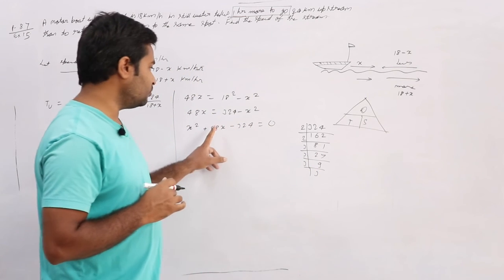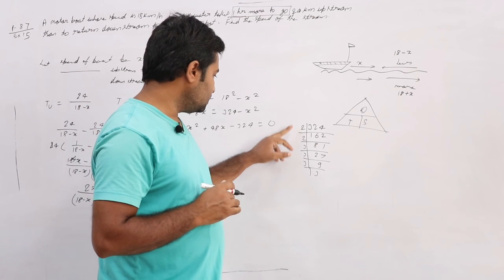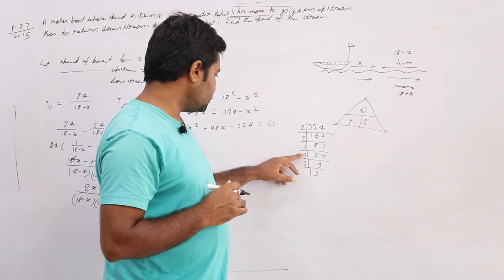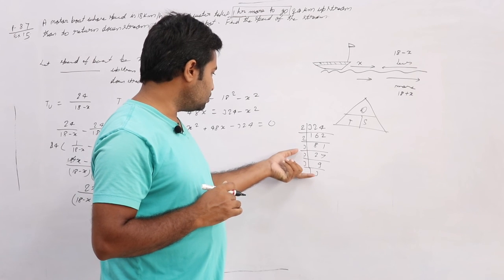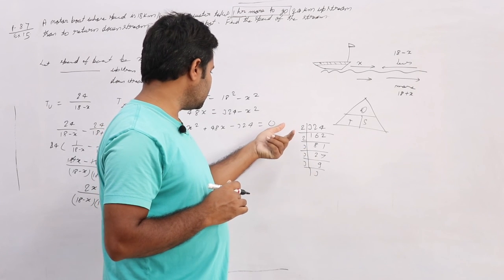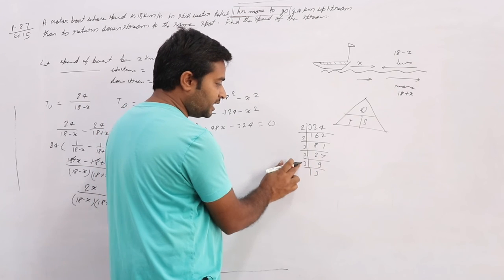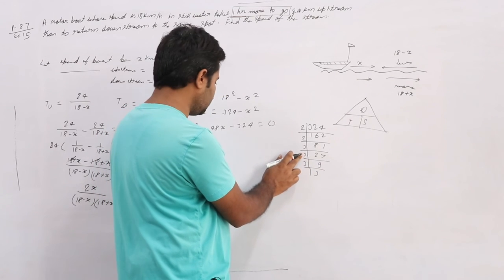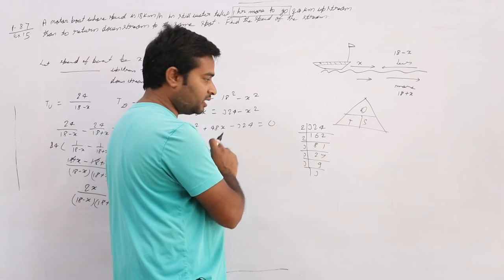Now we should get 48 here. Check how. 27 plus 12, how much? No. If you take 3 3 9, 3 9 27, one term should be minus, because here the term is minus.